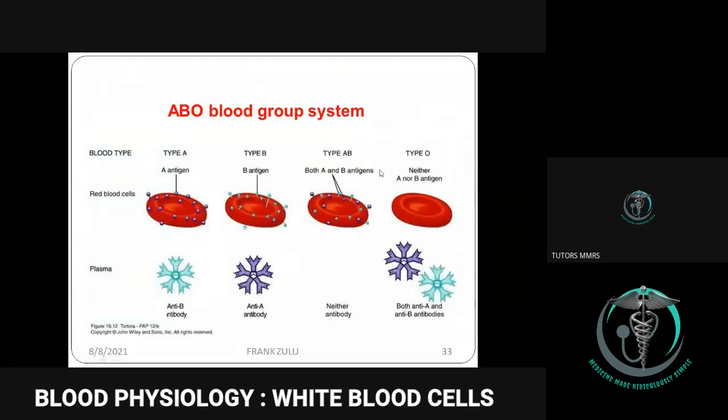I was saying, for those in second year group 3 who attended today's class, that when we are giving an individual blood, we usually give red cells, whole blood. We don't usually give the plasma.